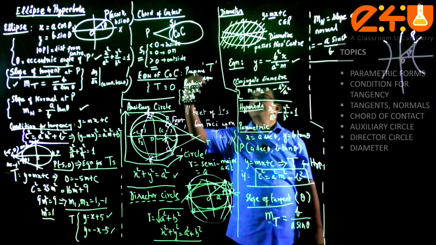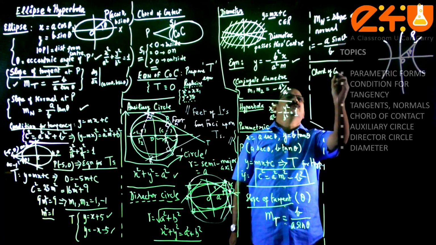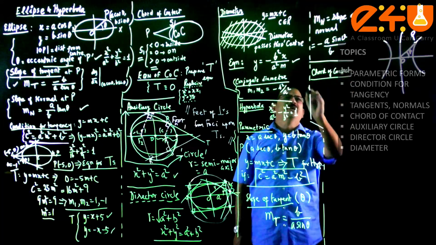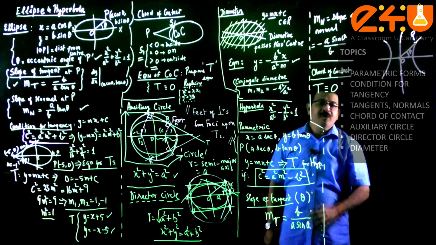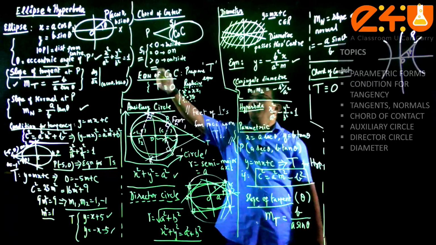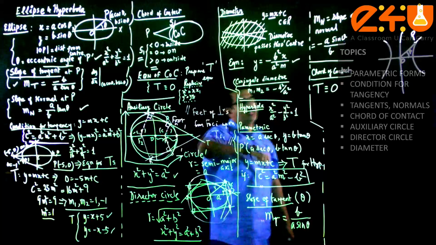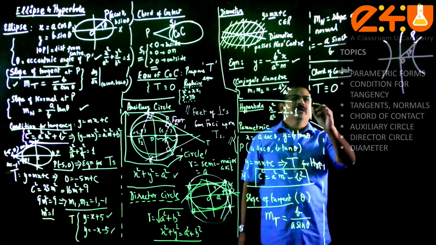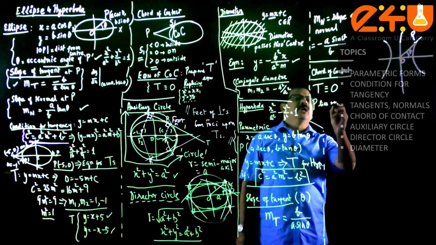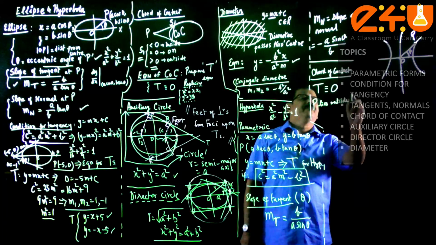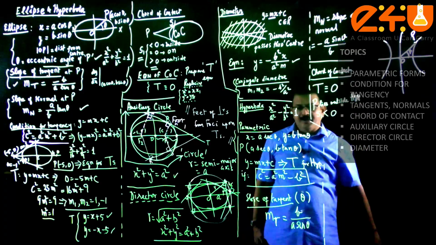And the next comes the chord of contact. For the chord of contact, there is no difference between whether it is an ellipse or a hyperbola. But one thing: here I told you how to check whether the point lies outside of the curve, and there is a drastic change. P lies outside the hyperbola if S1 is less than 0, not greater than 0.